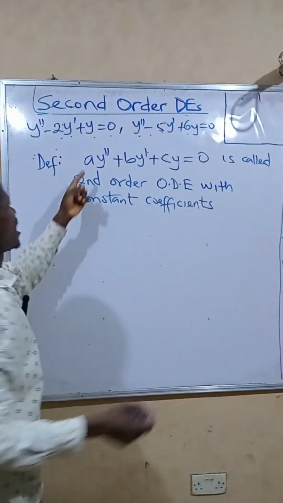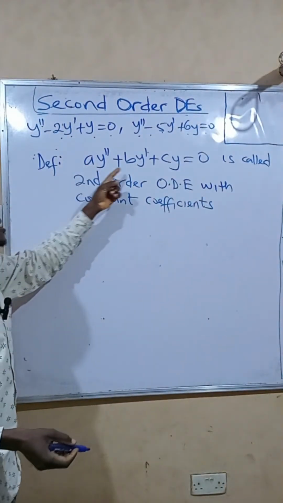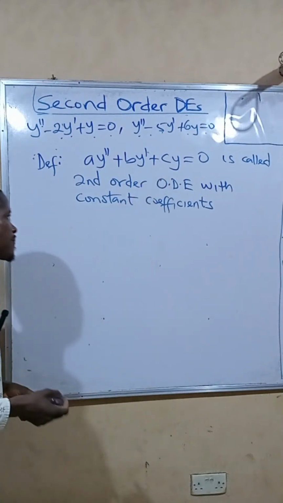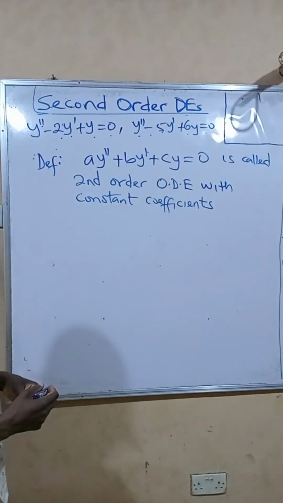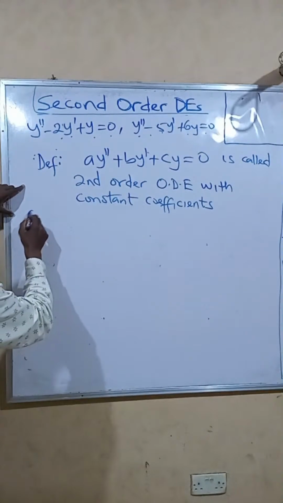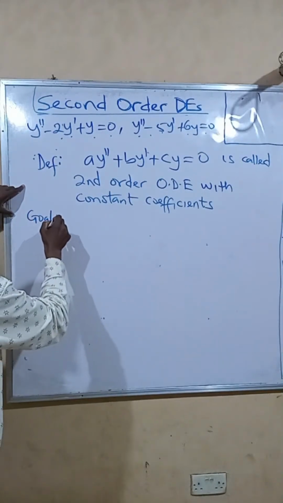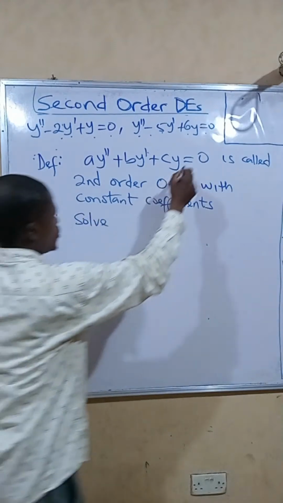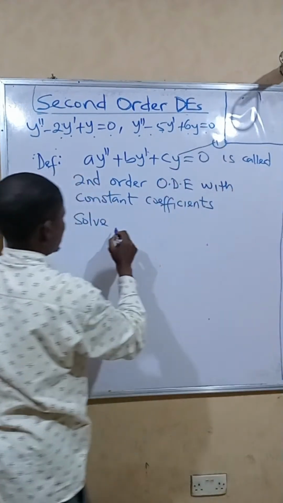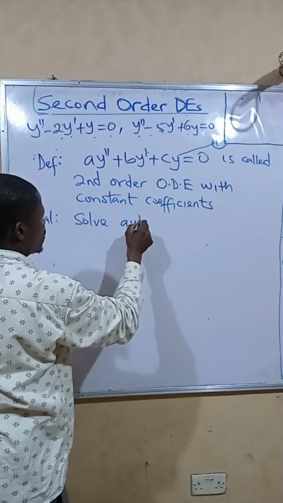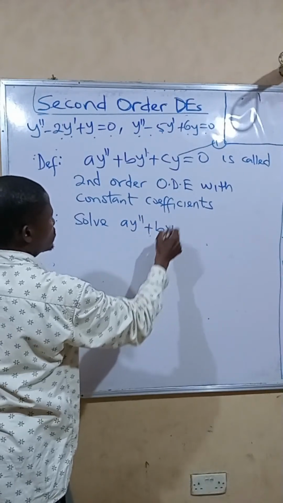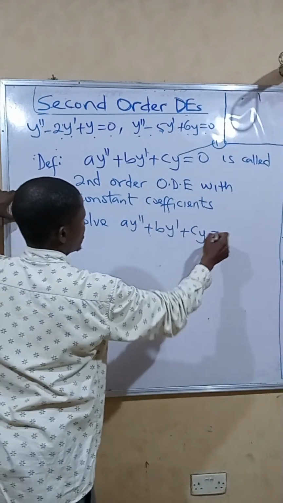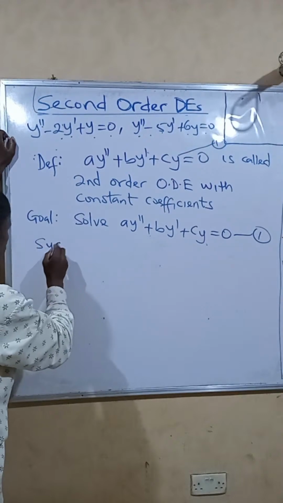And those constant coefficients are a, b, and c. So our target is to solve this equation. I'll call it equation 1. To solve this equation, that's our target.